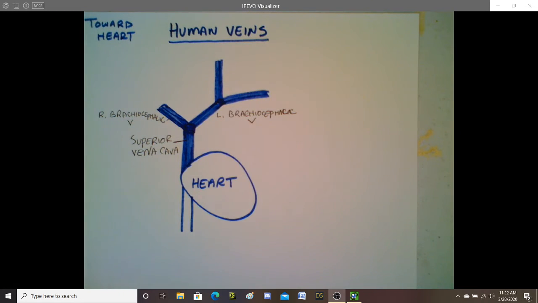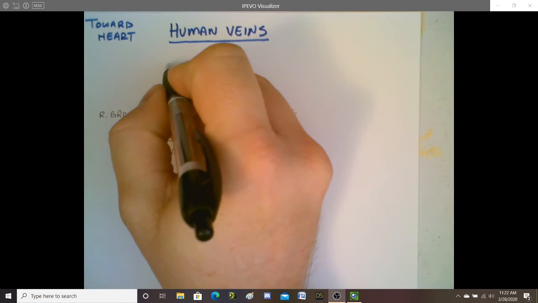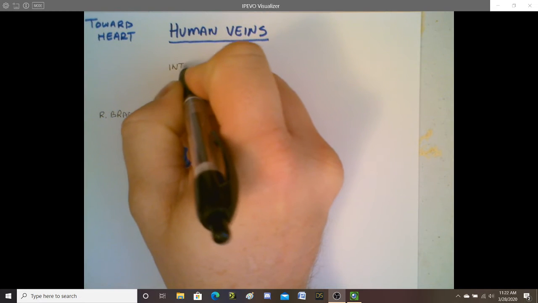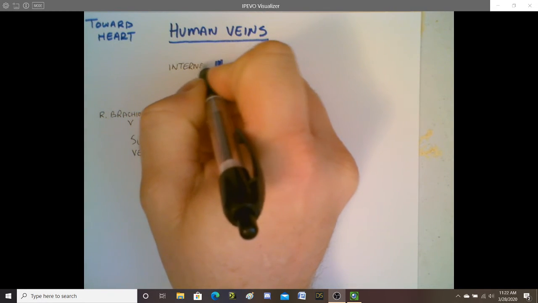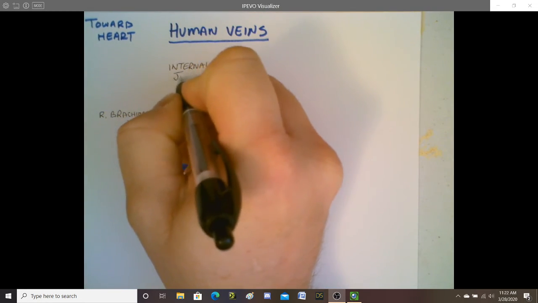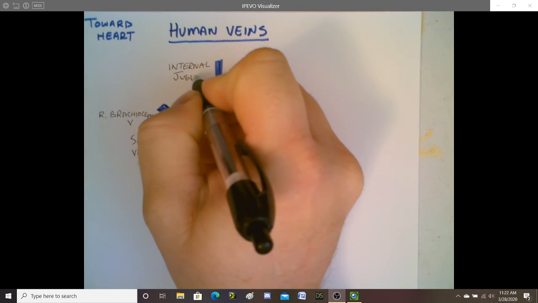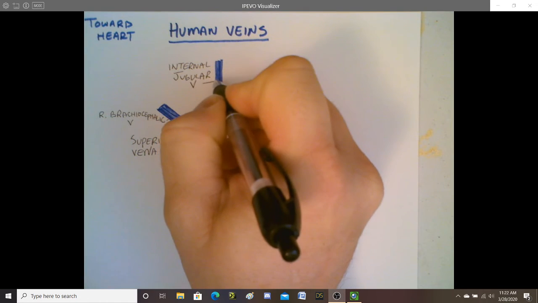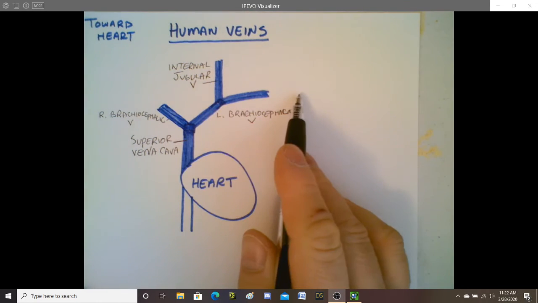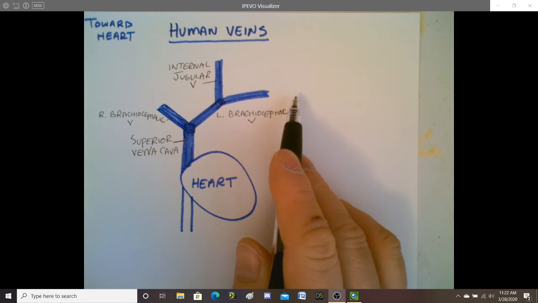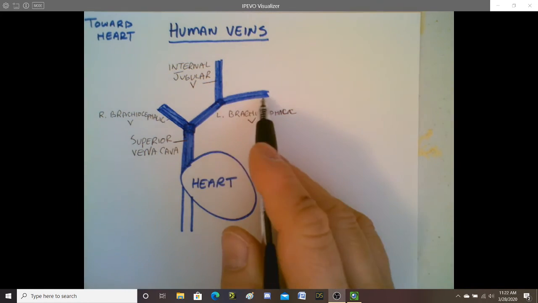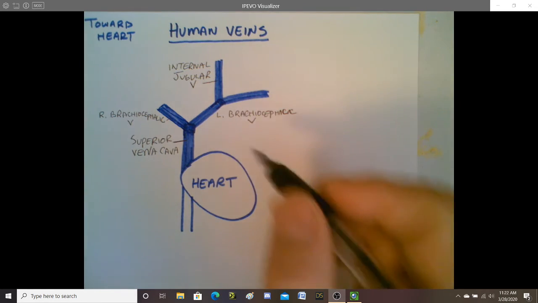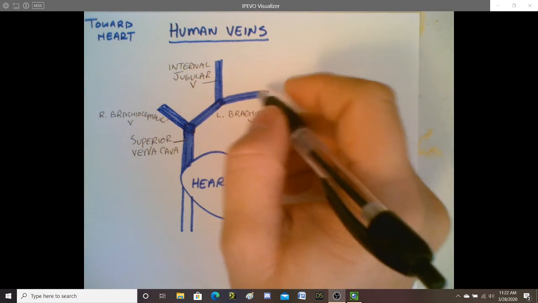The branch that goes up is the internal jugular, goes into your neck. Alright. And the one that continues on is going to mimic those names for the arteries. So it's under the clavicle, so it's going to be the subclavian.